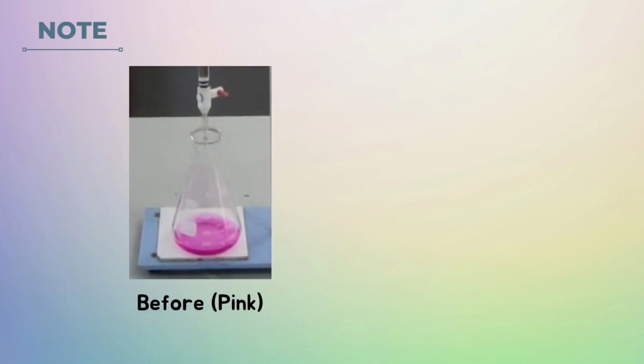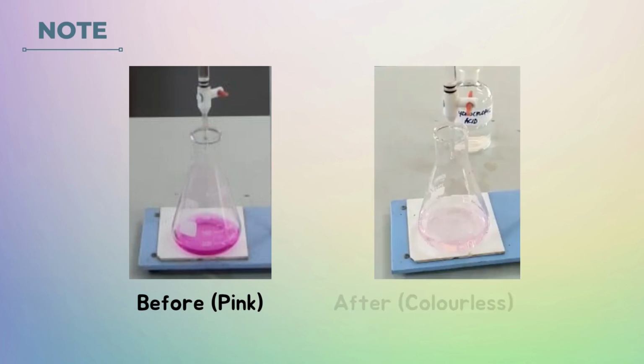Now, it's good to note that the phenolphthalein indicator plays an integral role in this experiment. As you can see, before the experiment, the phenolphthalein indicator in the sodium hydroxide solution, NaOH, was pink.